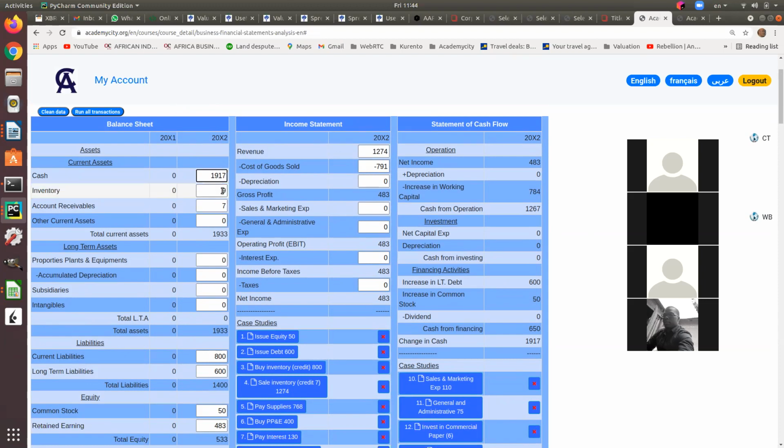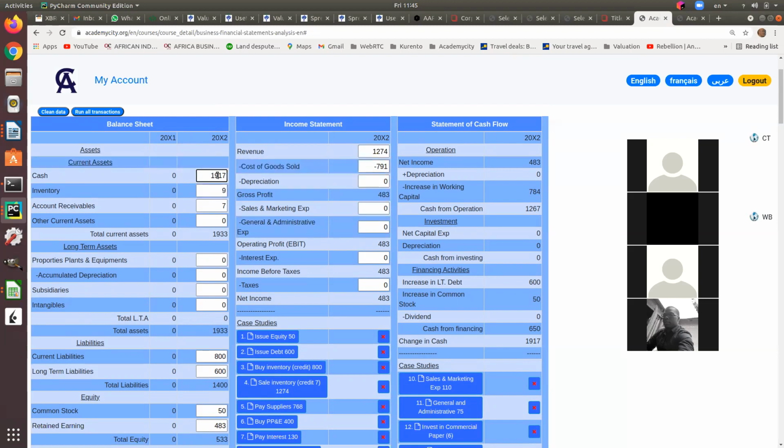So if I look at those three together, my cash plus the credit is exactly the 1274. In fact, the 1274, we split it. We added to the cash whatever we got as cash, and whatever we didn't get paid, we put here. But the bottom line is the cash plus the accounts receivable went up together by 1274. On the other hand, inventory went down by 791.